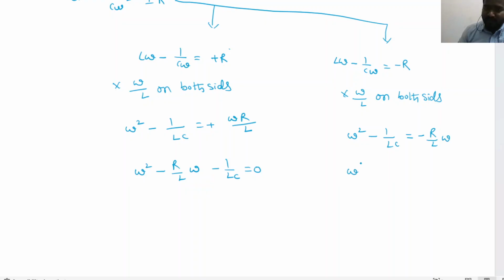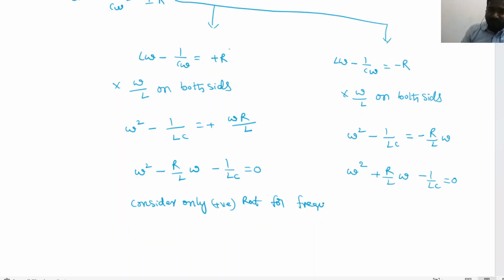From here you get one quadratic equation, omega square plus R divided by L times omega minus 1 upon LC must equal to 0. Consider only positive roots for frequency. Then you get lower frequency and upper frequency.